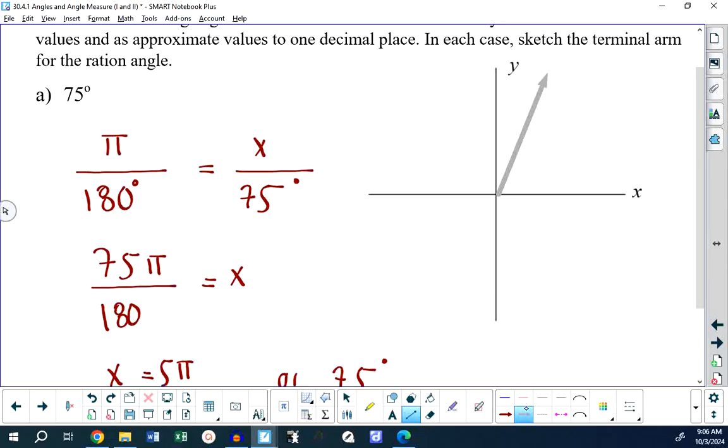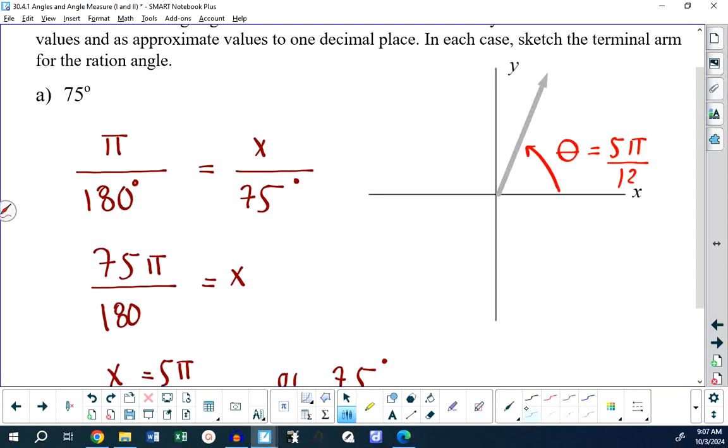The general practice is you don't have to draw in the initial arm. But you do need to label this. And I'm going to write it as 5 pi over 12, but if you wanted to, you could put theta equals 75 degrees.